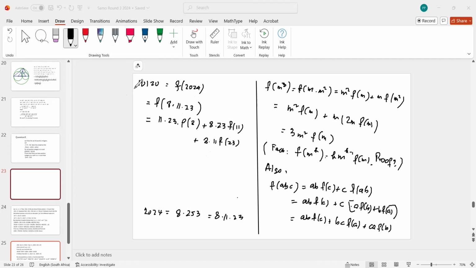Now the interesting thing of this is that 11 goes into this. When you factorize this number here, as I said, it's 5 times this.